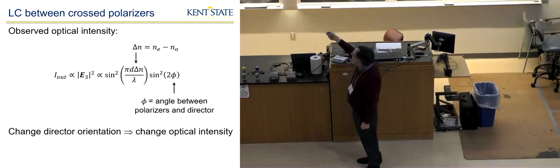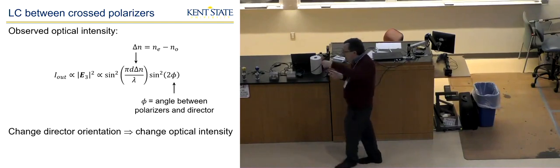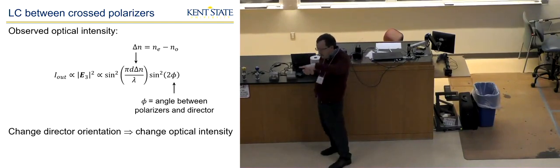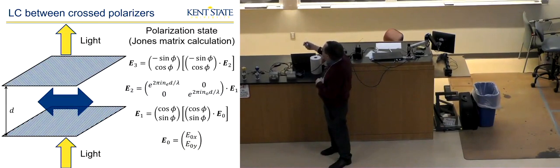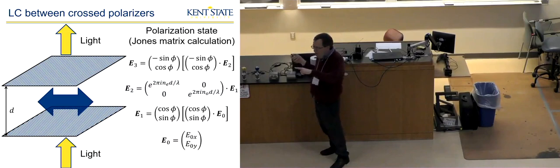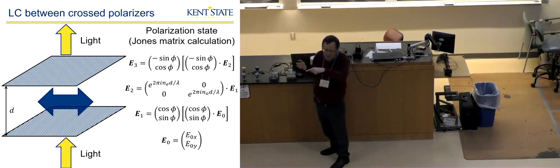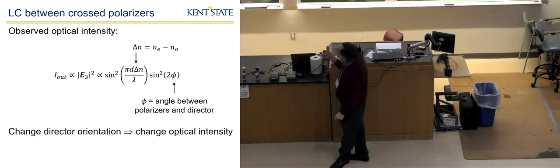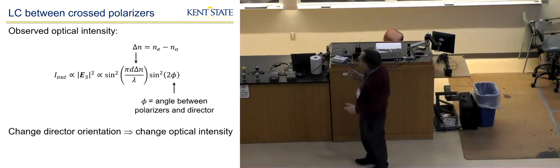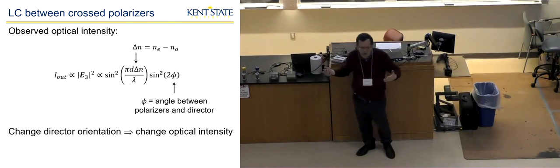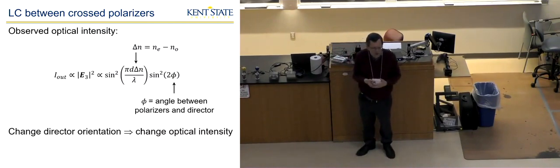And if you change the orientation out of the xy plane toward the vertical, you'll change the delta n. You'll change the effective difference in optical properties between light polarized in the x direction versus the y direction. So that in a nutshell is what goes into building a liquid crystal display.